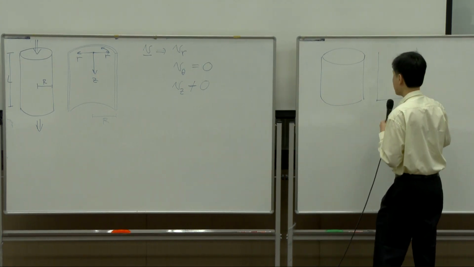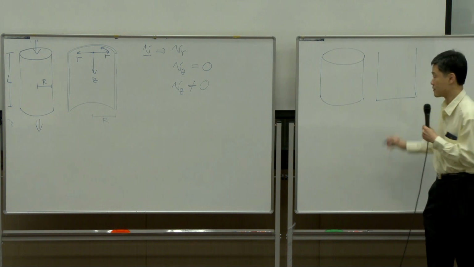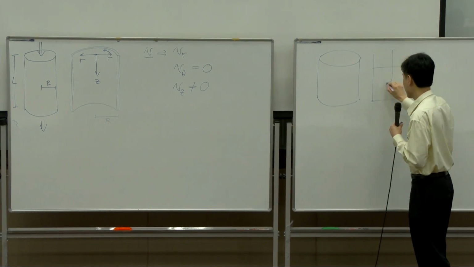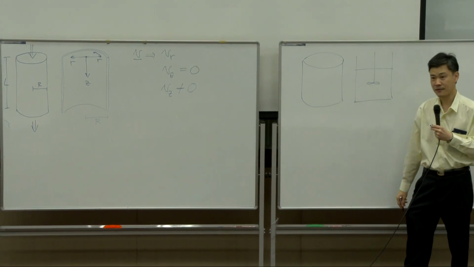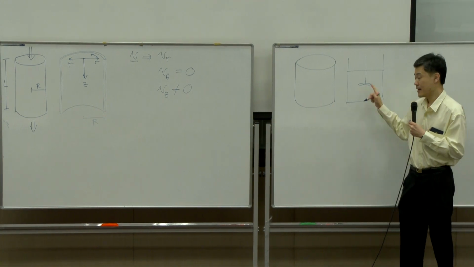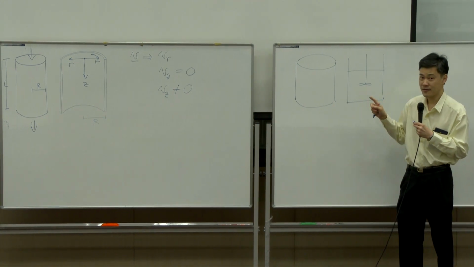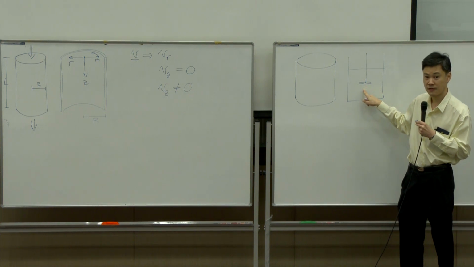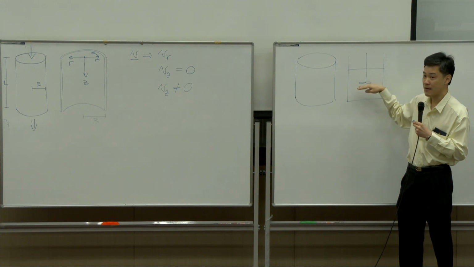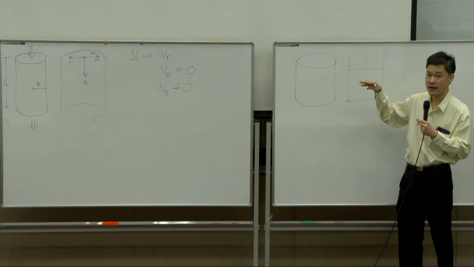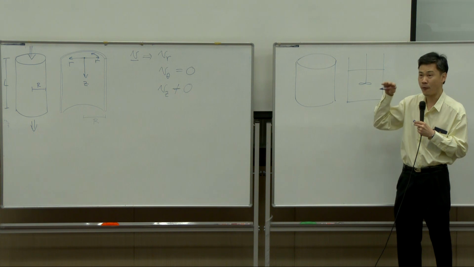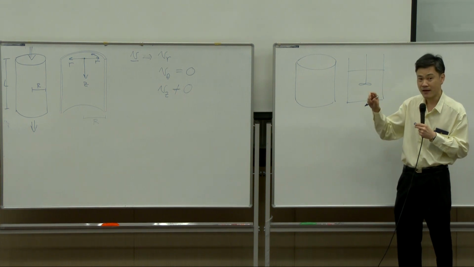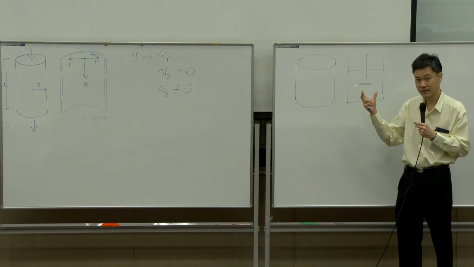You learned in unit operation 1 about the stirred tank, right? And in unit operation 1, you learned how to pick the blade. There are several types of blade: turbine blade, four-blade turbine, rotor blades.